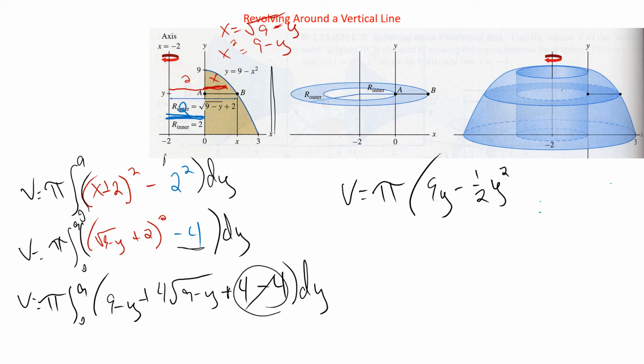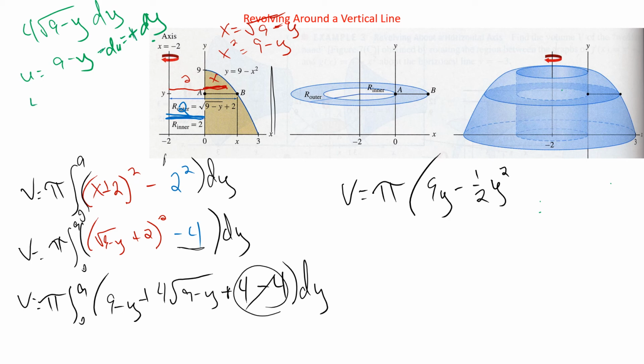I'll switch to green. We have 4 root 9 minus y dy. We could have u equal 9 minus y, which means du equals negative dy. Well, we have dy, so let's move that over there.